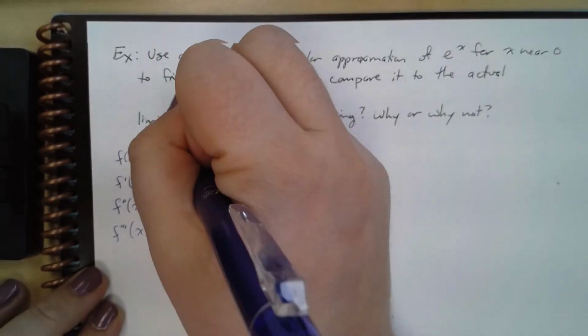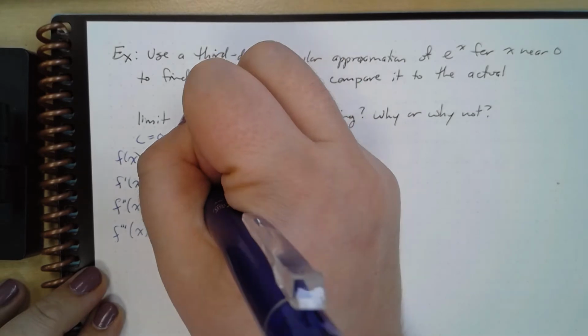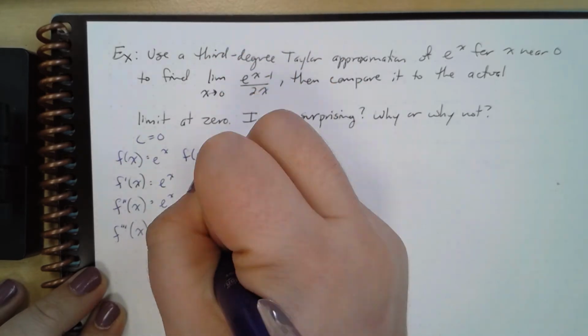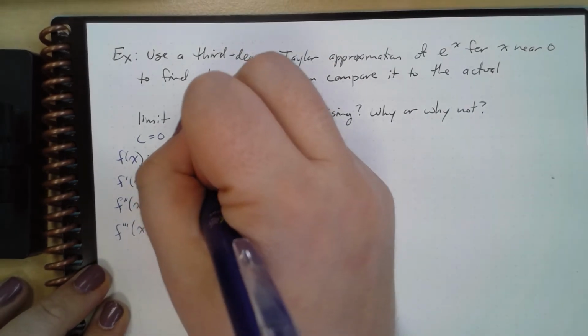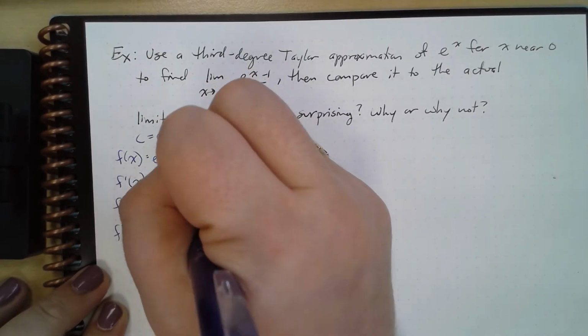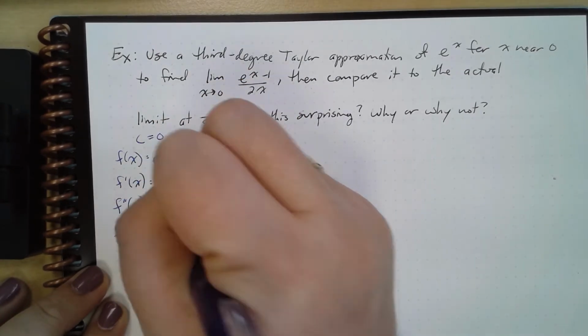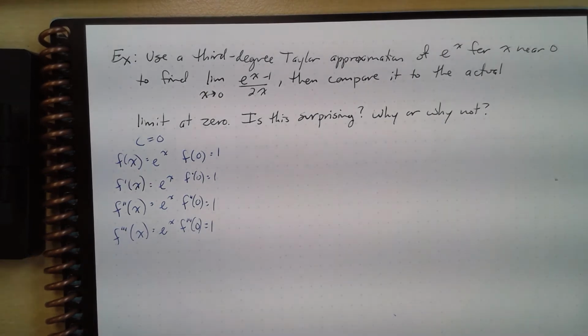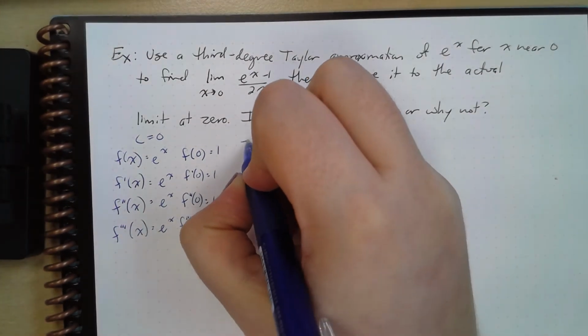So then we want to find f at 0, and the derivatives at 0. They're all going to be 1, right? So now we can actually write our Taylor approximation. So I'll do T again.